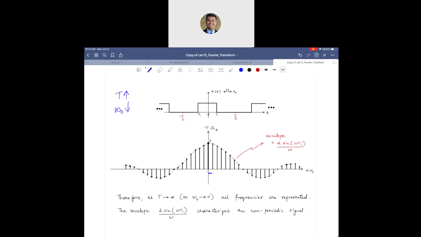So now you have more points being represented. And as you make T go to infinity, you will have all frequencies represented. In other words, if you wanted to take a look at the Fourier transform of simply one rectangle, it would be a continuous sinc function.